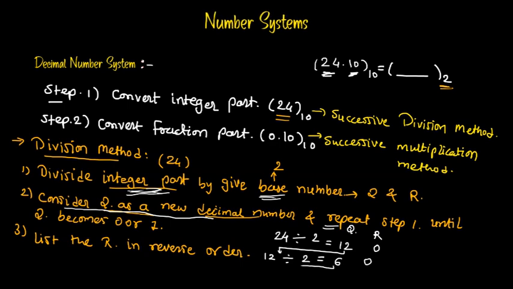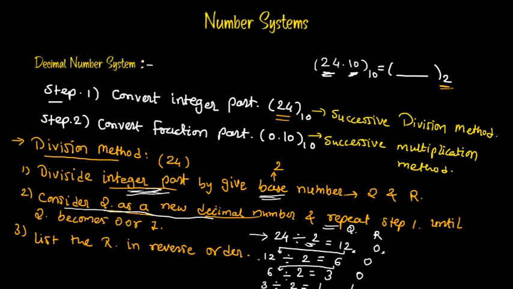Again consider the quotient as a new decimal number: 6 divided by 2 is 3, remainder 0. Again consider 3 as a new decimal number and divide by 2, then we get quotient 1 and remainder 1.